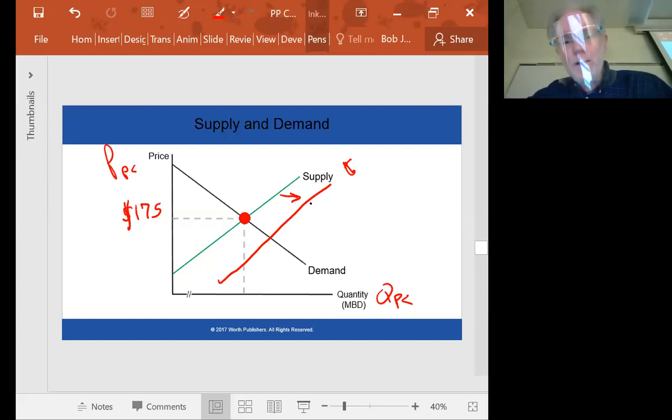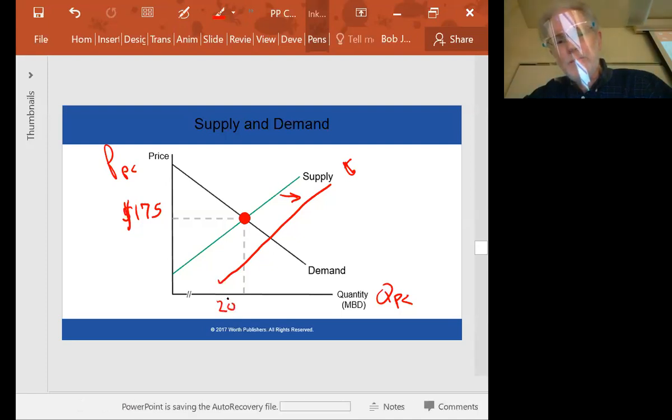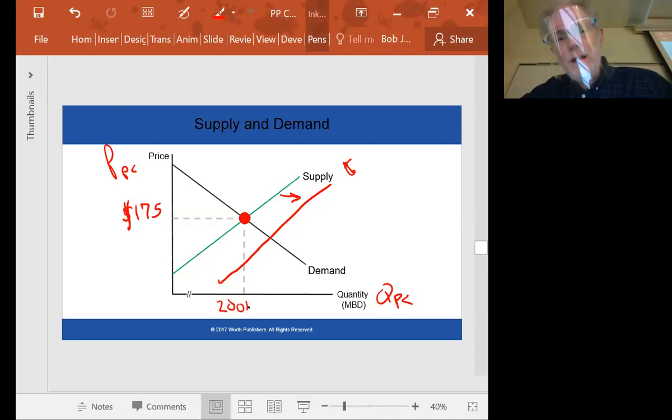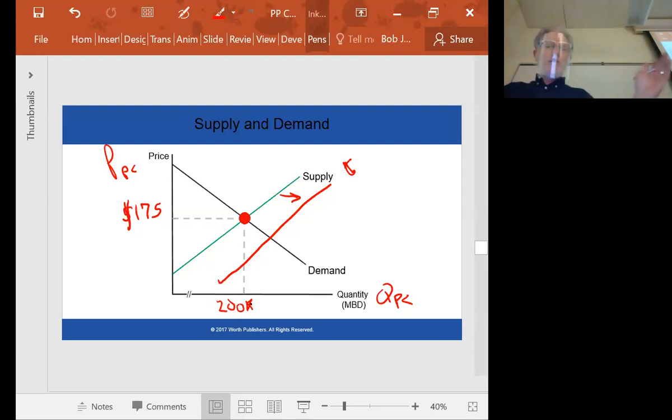Let's say they were willing to sell 200,000 calculators before. Now, because their costs are lower, if the price remains at 175, let's say, we don't know what it'll be exactly, but let's say it's 350,000.